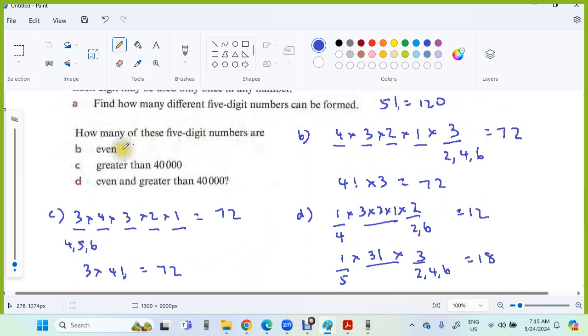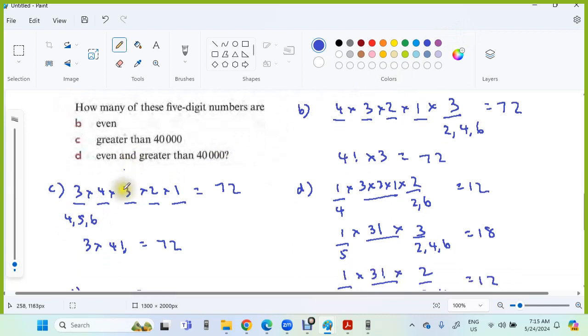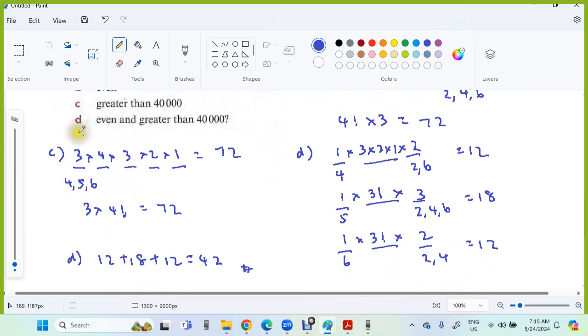So for the C here, we start with 4, 5, 6. So let's say I start with 4 here. So we have 3 choices. If the first digit I use 6, then behind I can use 5, 4, 3, 2.